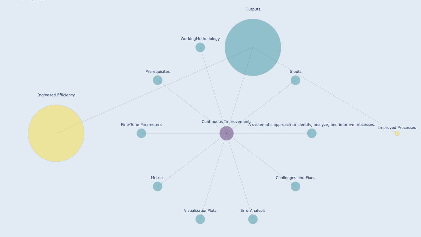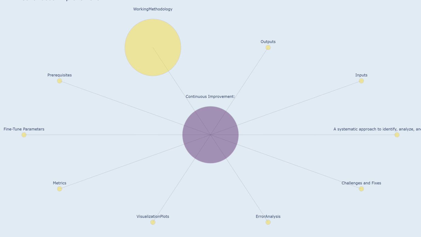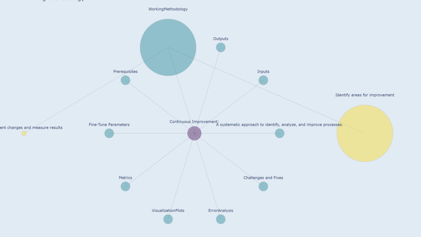Continuous improvement efforts aim to minimize waste, optimize resource allocation, and maximize output, leading to cost savings, faster turnaround times, and improved productivity.